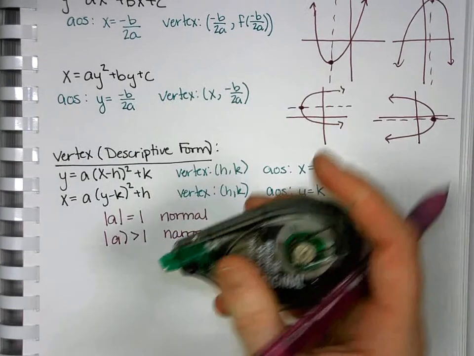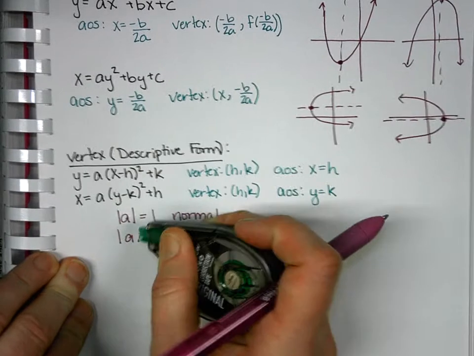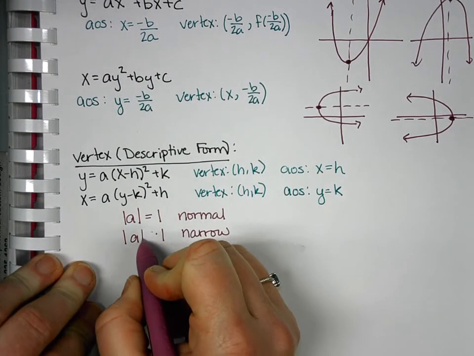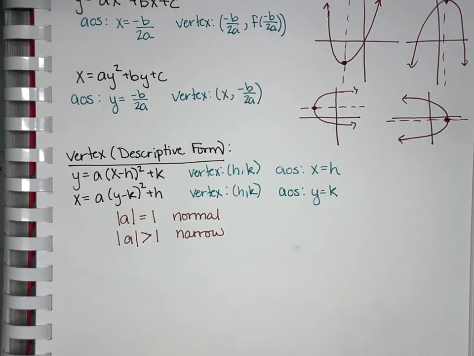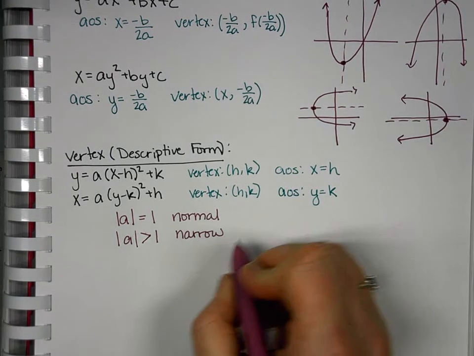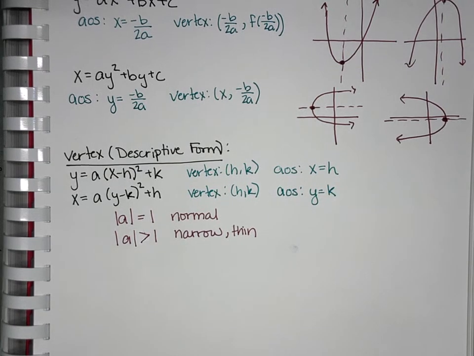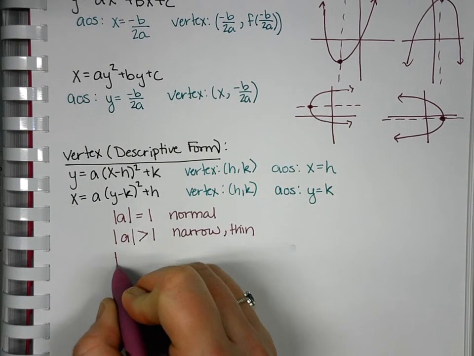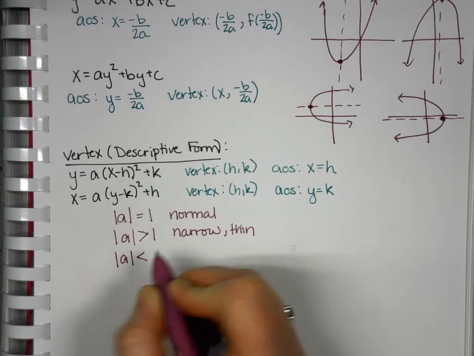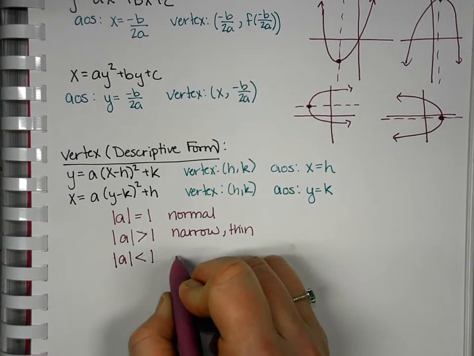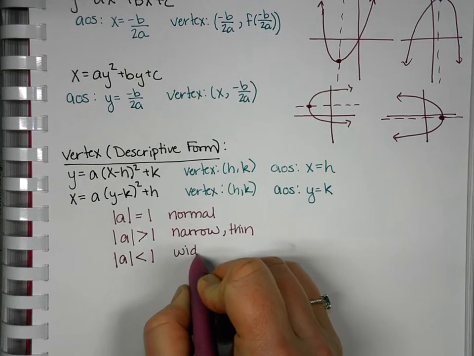So as our coefficient of our x squared gets larger, our graph will get, some people say thinner, I say narrower, same thing. So you'll hear narrow or thin. And then if the absolute value of A is less than 1, so in other words it's a fraction between 0 and 1, your graph is going to get wide.